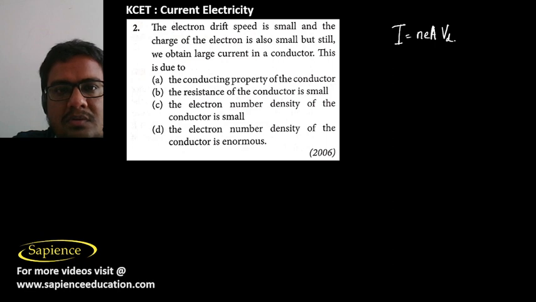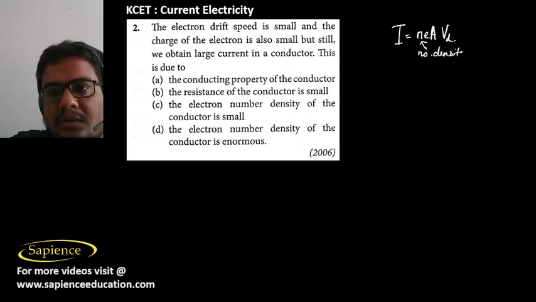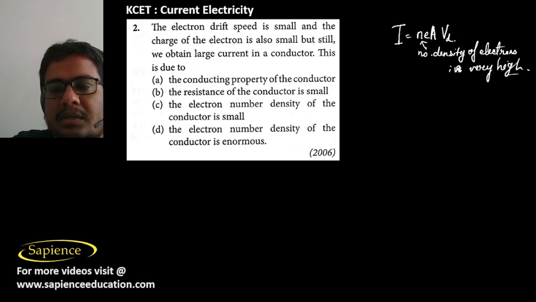So e is also small, v_d is also small, but n, which is the number density of electrons, is very high. That's why we obtain large current in the conductor. Option D is the correct answer.